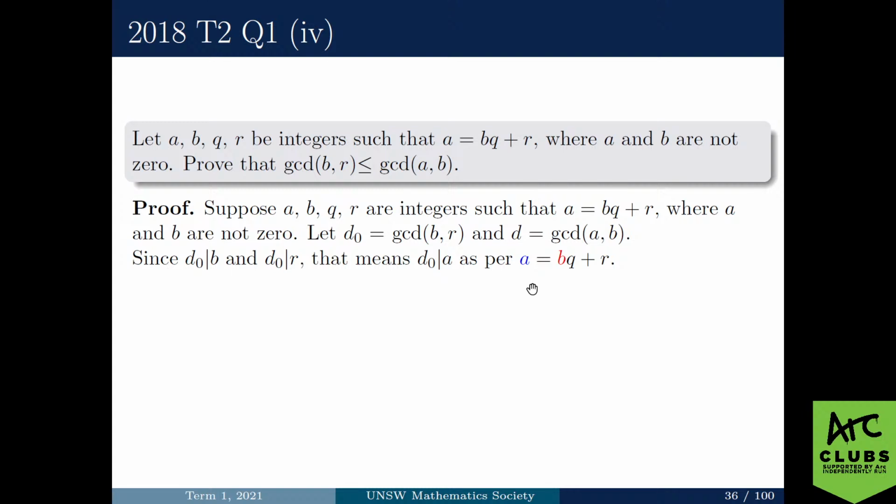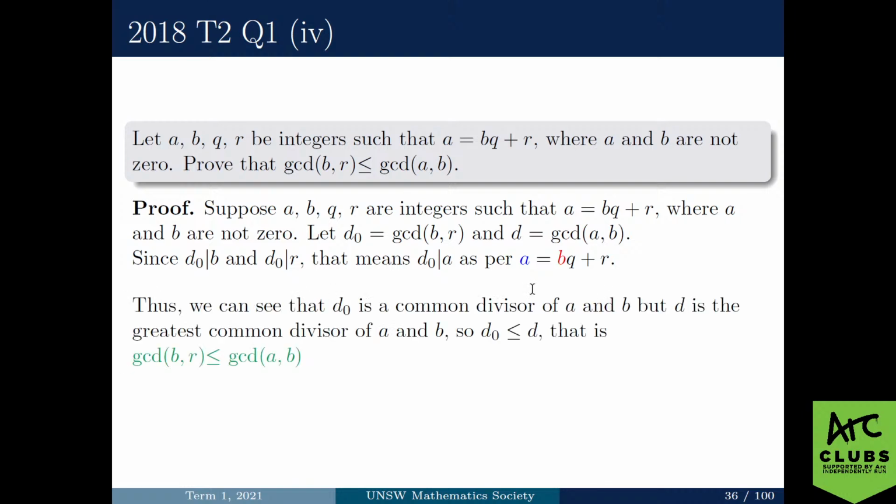Okay, so now if we let D0 be the greatest common divisor of B and R, and let D be the greatest common divisor of A and B, we can see quite clearly from the definition of greatest common divisor that D0 divides B and D0 divides R. So that's quite nice, because if we look at our formula that we assumed, because D0 divides B and D0 also divides R, it must divide A as per this formula.